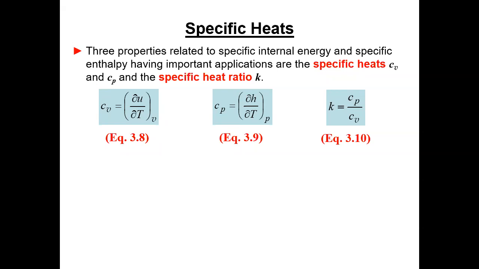We can assume that CV or CP, whichever we're working with, is constant. And then you just kind of say, well, we're gonna forget about the volume.